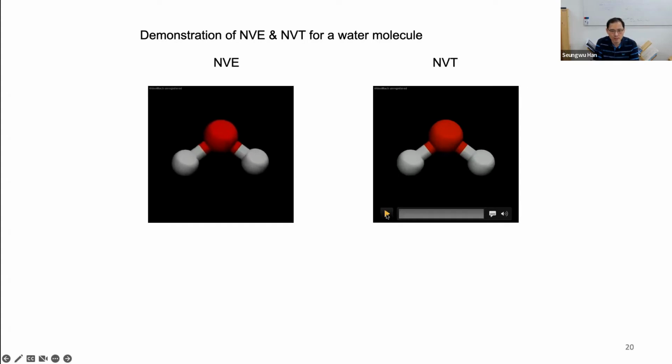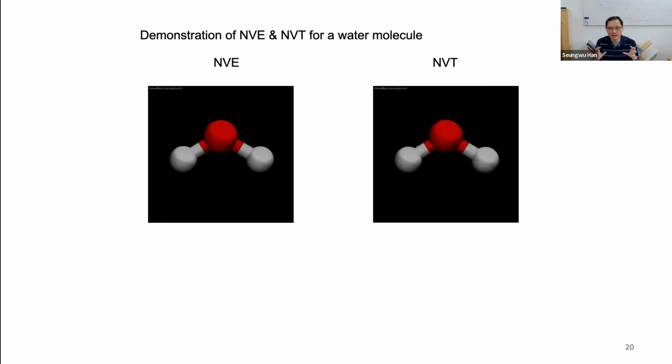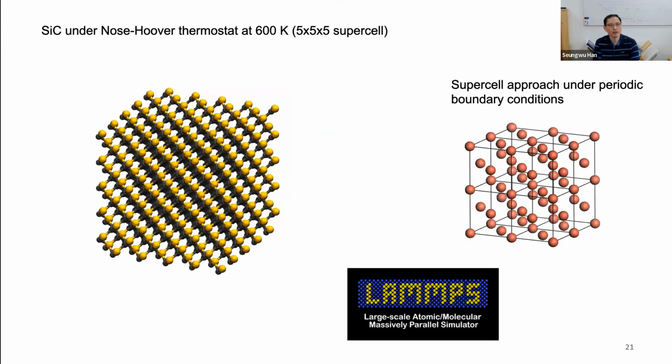In the case of the NVT, however, you can see that sometimes it vibrates widely, and sometimes it vibrates with a much smaller amplitude, right? Its motion is somewhat chaotic, and overall, on average, the vibration energy corresponds to the given temperature. But this is one example of the NVT ensemble with the fictitious thermostat.